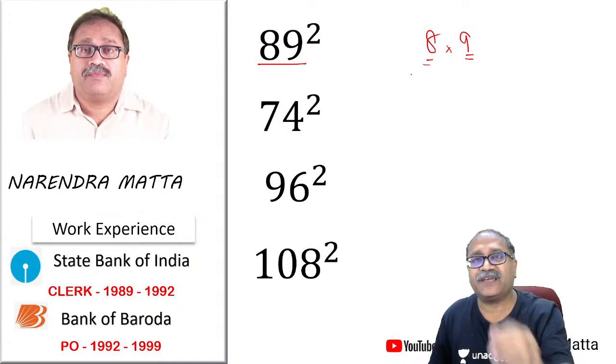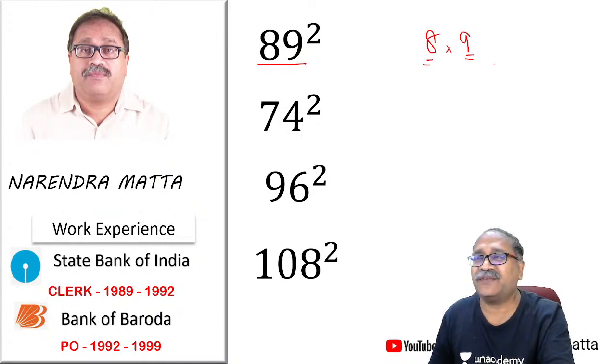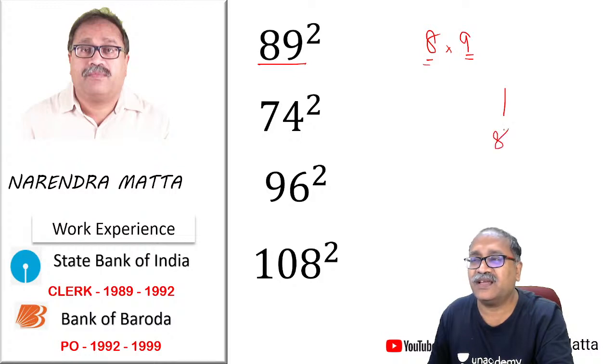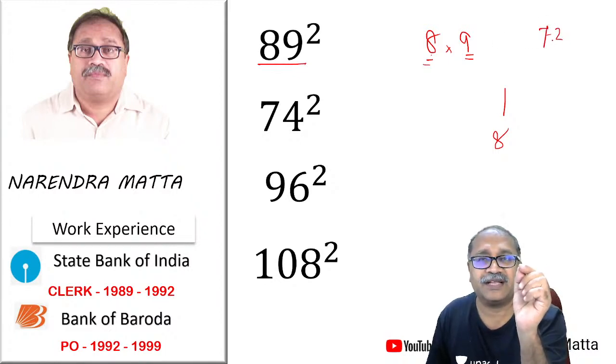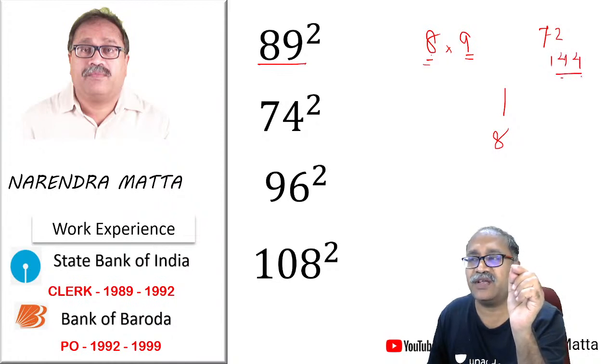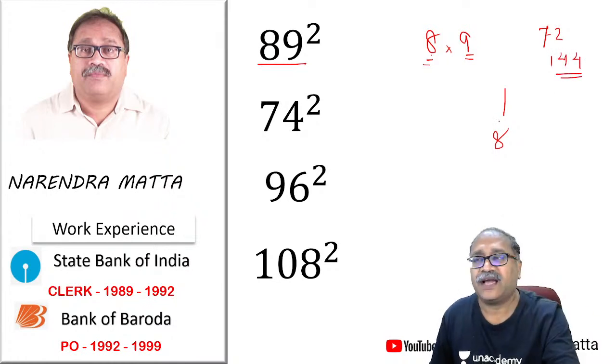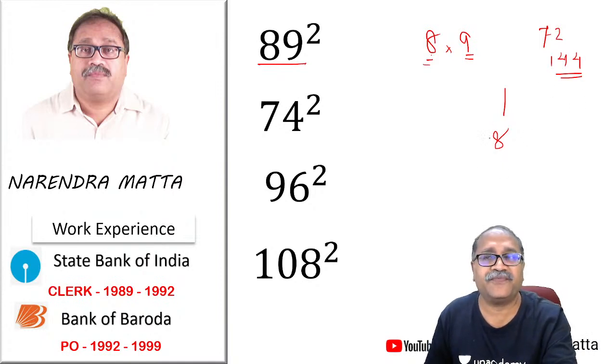Okay, let's begin step 1. That is 9 square. 9 square is 81. Carry 8. Then we multiply these two. 8 into 9, that is 72. And we double this 72. That's 144. So we take this 144 here and carry 8 is there. So 144 plus 8, 152.